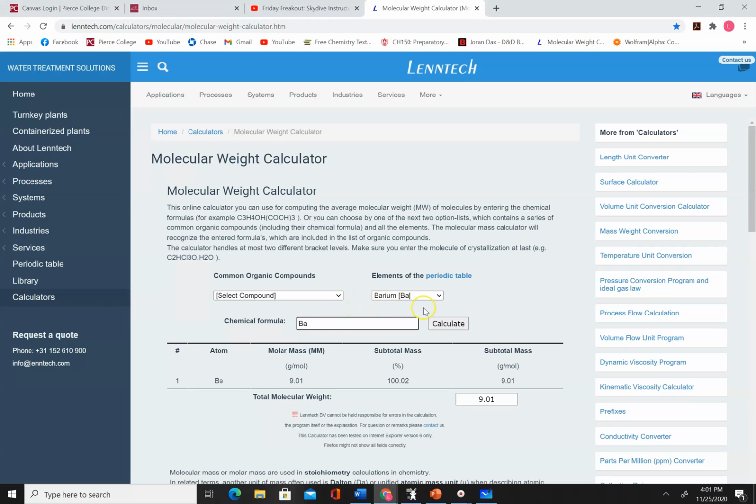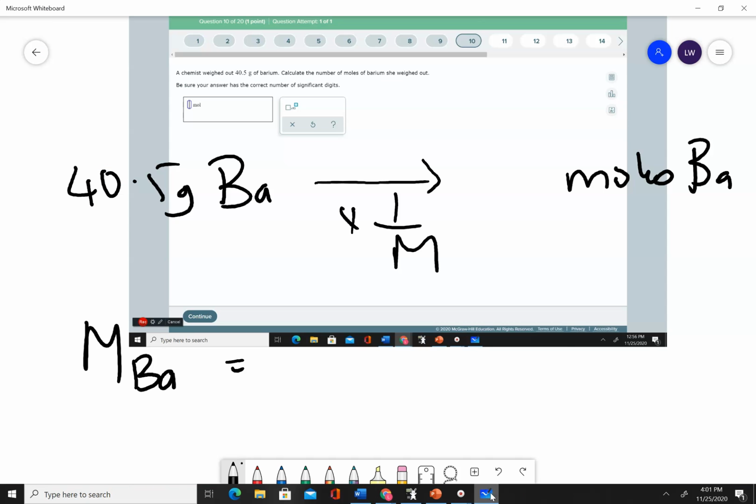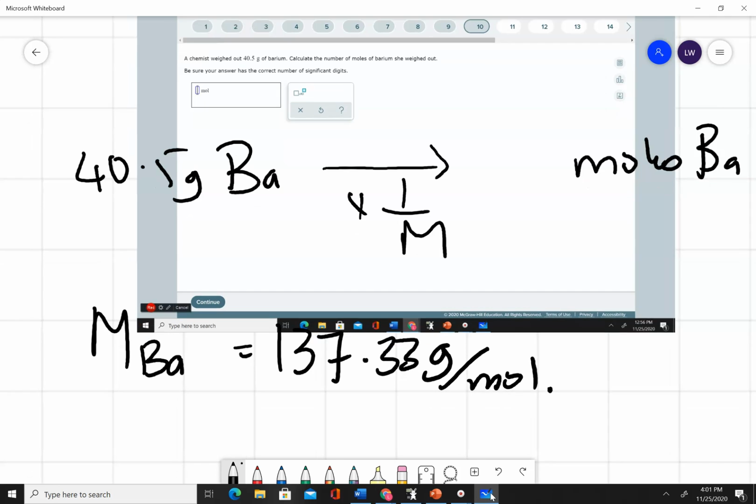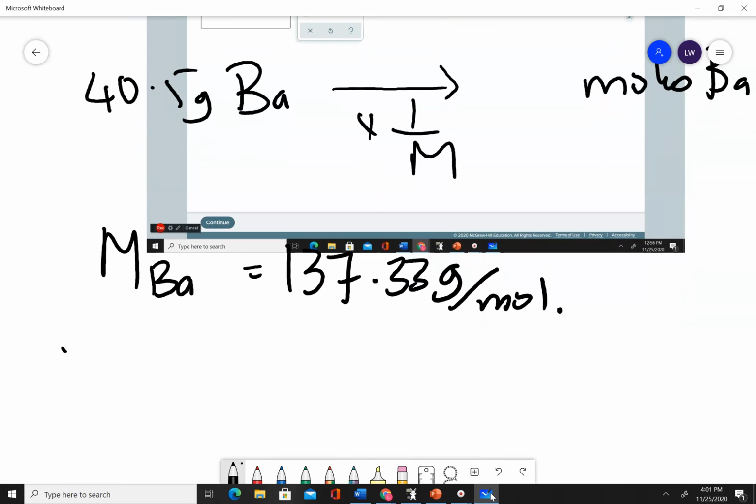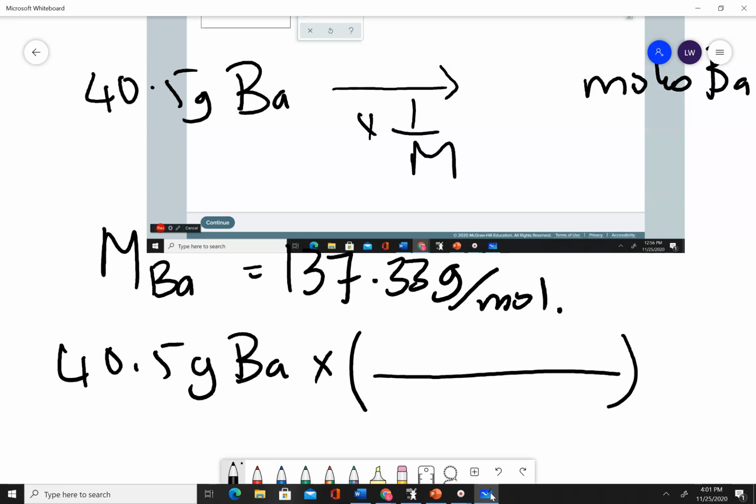So let's go in here. Ba, there we are, 137.33 grams per mole. So now we can do the conversion. 40.5 grams of barium times, with grams of barium on the bottom and moles of barium on the top.